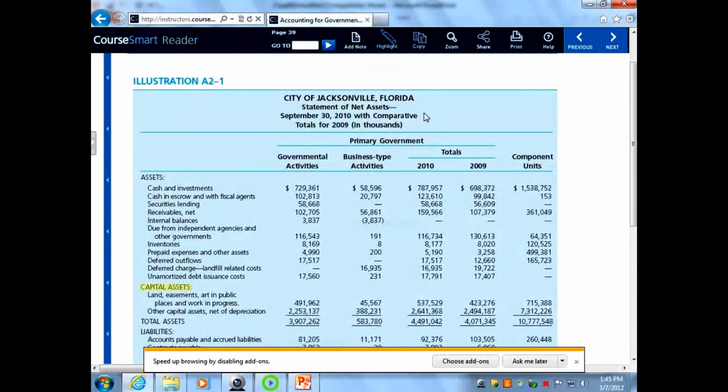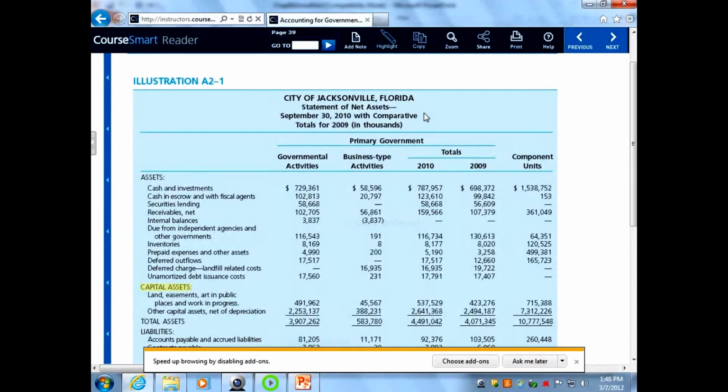These are component units of the state of New Jersey. So you might say, why include the component units? Well, if you were a rating agency and you wanted to look at New Jersey as a whole, you don't just want to look at operations run by the state of New Jersey. You also want to look at all the operations run by independent authorities of the state of New Jersey to get a complete picture. Okay? So we will not talk about this too much, but that's what that component unit is.